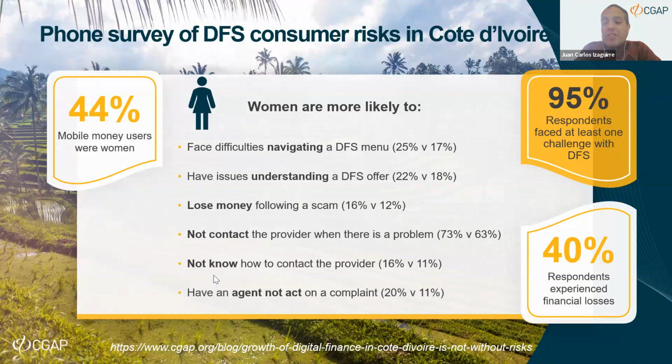So this is an interesting picture of how women in Cote d'Ivoire are experiencing much more difficulty when facing issues in digital financial services. And we will be happy to talk more about that during our Q&A. But this is all I have to say now, and back to Katie.